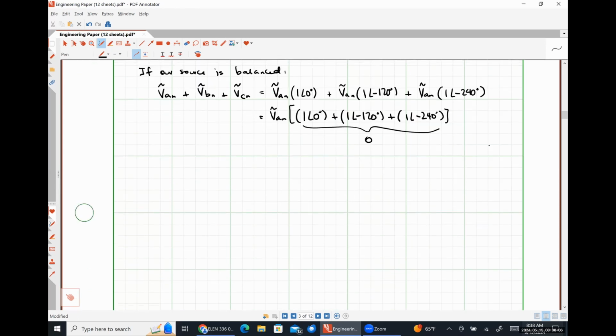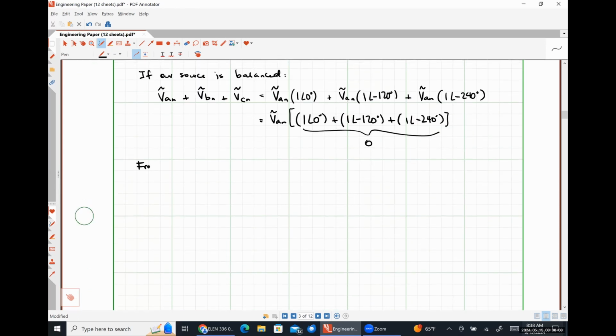So in a balanced three-phase system, the voltage drop across my neutral conductor, VNN, and I'm putting 3 there to say it must be equal to 0.